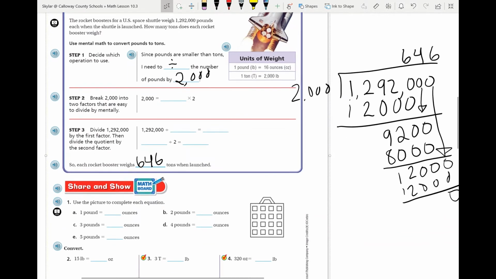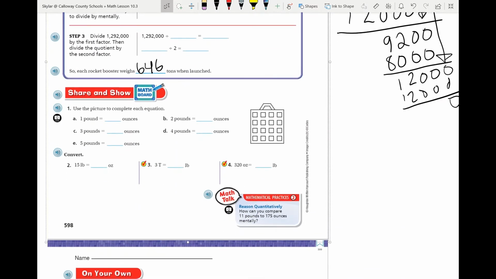Alright, so let's keep on trucking along. Number 1, use the picture to complete each equation. Well, apparently this is supposed to be a picture of a pound, and then those are your 16 ounces inside there. So if we're going from 1 pound, how many ounces is that going to be? We should already know that. Top of our head, 16.